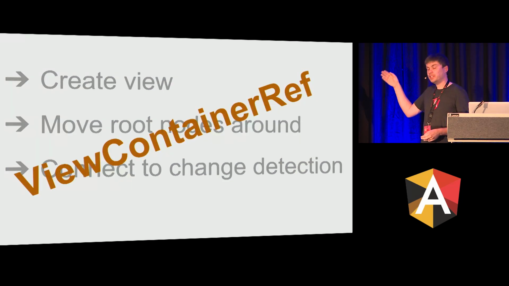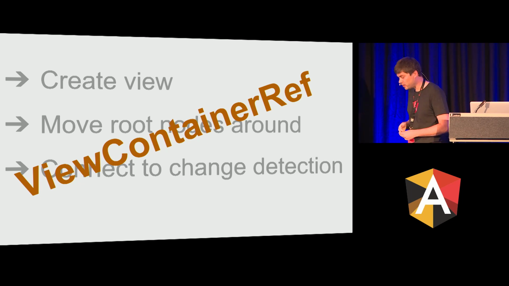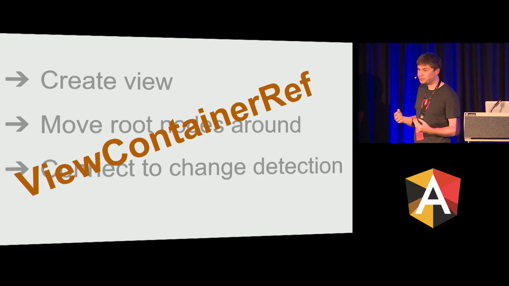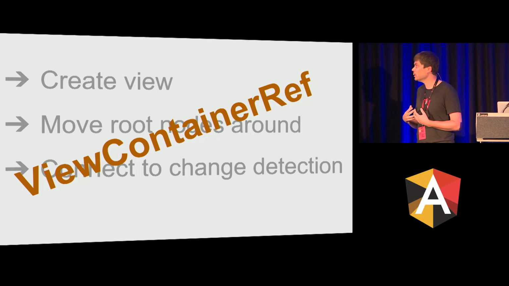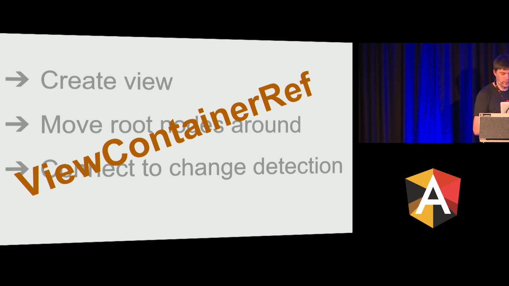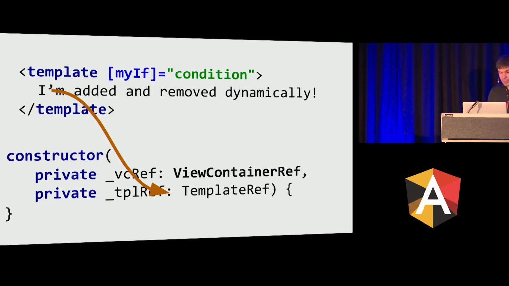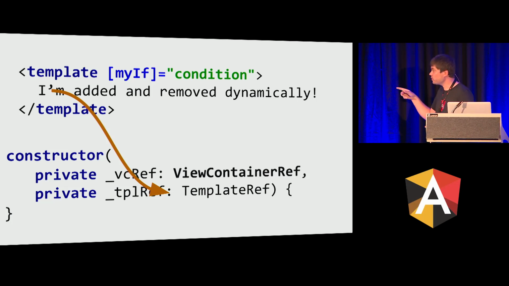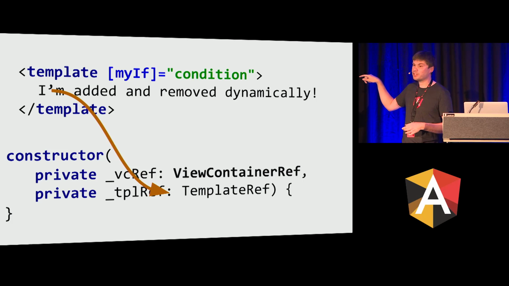But we did our ngIf implementation the hard way. It turns out that there is another API which is called ViewContainerRef, which allows us to implement things like ngIf in a much easier way. We know already that we can inject in our directive a template reference.